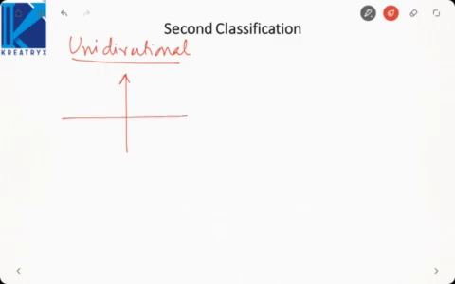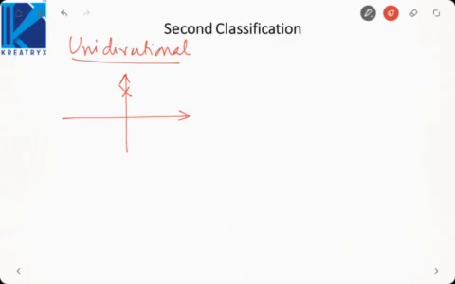Similarly, based on direction of current, we classify as unidirectional switch, which means it carries current in only one direction. So characteristics will be like this, because when we talk about the on state of the switch, we consider the voltage drop as 0.